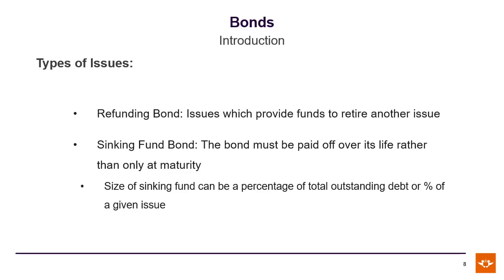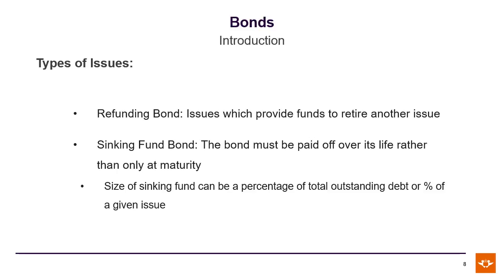A refunding bond is an issue which provides funds to retire another issue. So it's a specific amount of money that is set aside by the company to retire an existing bond issue. A sinking fund bond, that's a bond where the capital or par value is redeemed over the life of the bond rather than only at maturity.